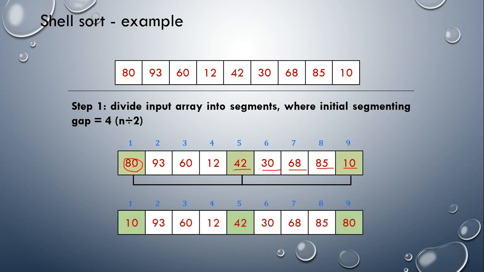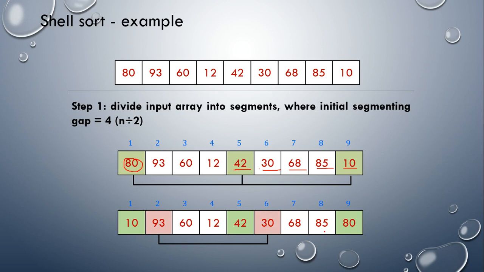So here 10 comes at the first position, then 42 and then 80. Now next we compare 93 with 30 at gap 4. 60 is compared with 68, 12 is compared with 85.